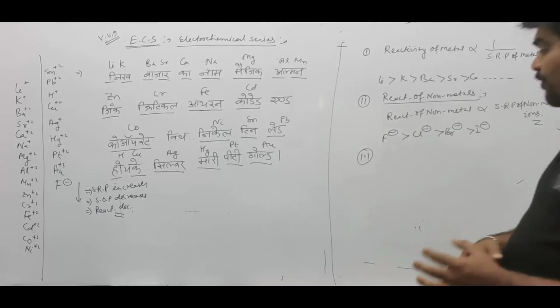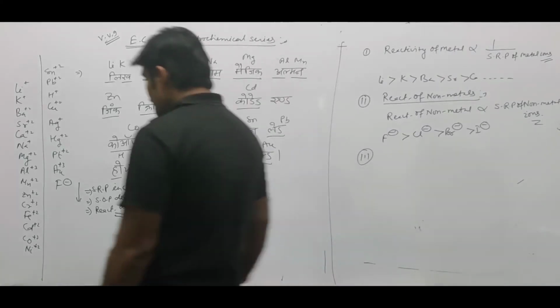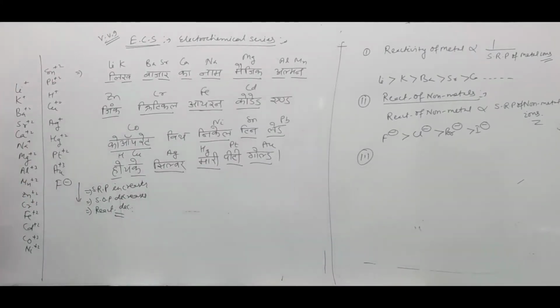Therefore, all these metals can displace hydrogen from dilute acids and water. So calcium will react with water and evolve hydrogen gas, but copper will not evolve hydrogen gas.